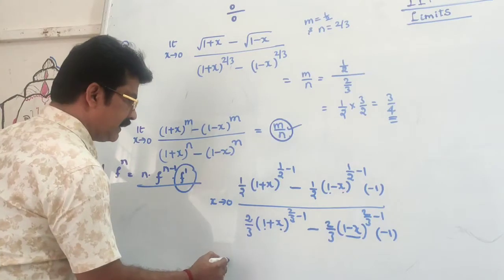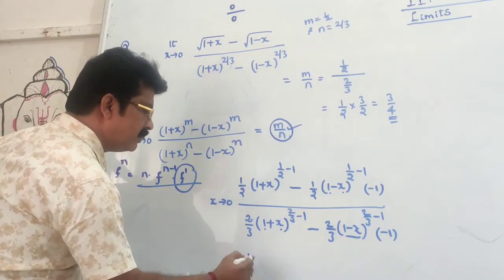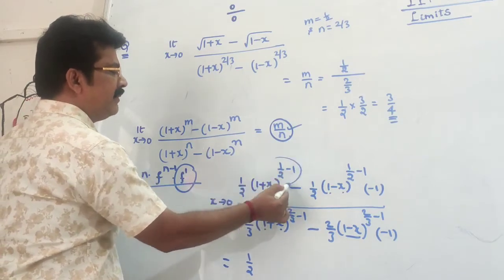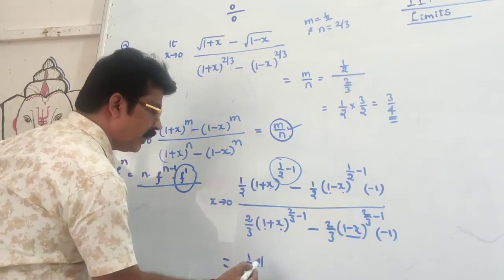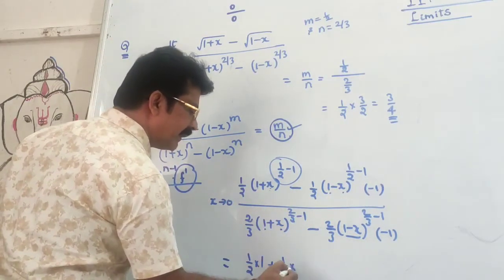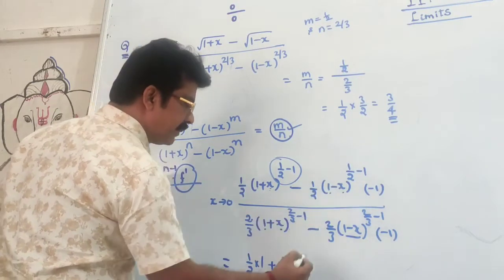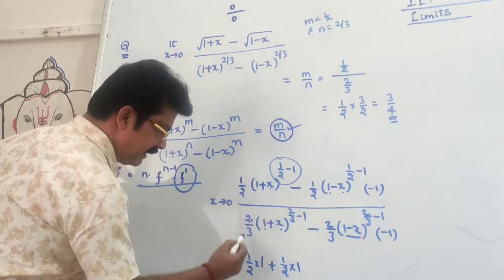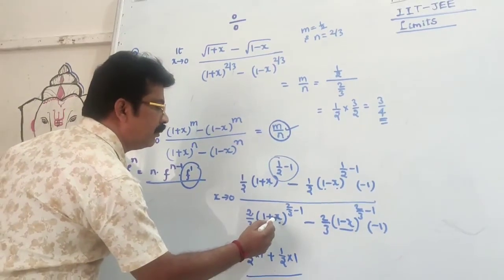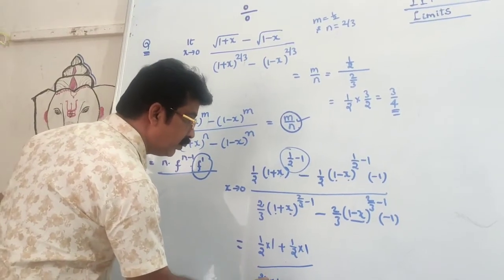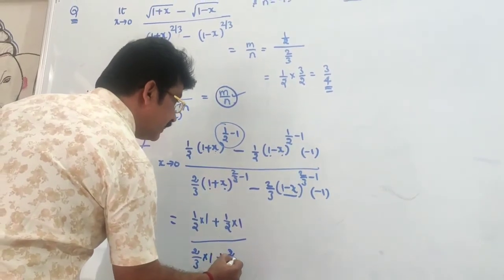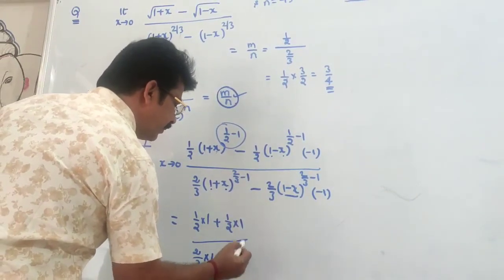So therefore that is equal to 1 by 2. Put x equal to 0: 1 plus 0 is 1, and 1 to the power of any finite value is equal to 1. So 1. Next minus into minus plus, half into (1 minus 0) 1 to the power of finite, so it is 1, divided by 2 by 3 times 1 plus 0, 1 to the power of finite, 1, plus 2 by 3 times 1 to the power of finite, 1.